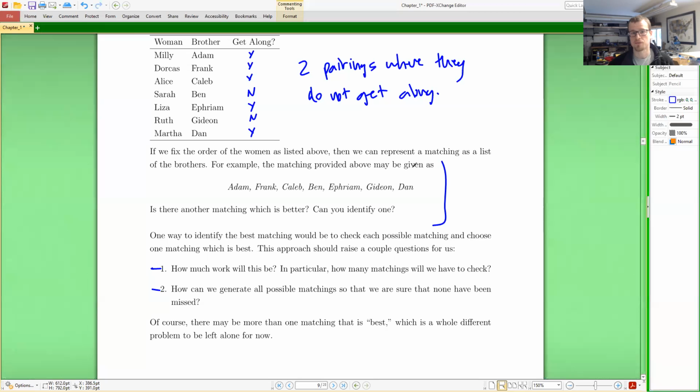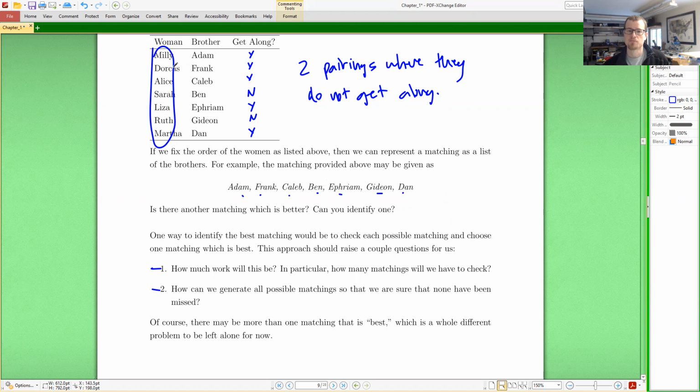One of the things that's really going to help us is understanding a way to represent the matchings or the pairings. So what we can do is if we fix this first list of the brides, just leave it, and we only rearrange the brothers, then the only thing that would be necessary for us to identify a specific matching is to list the names of the brothers.